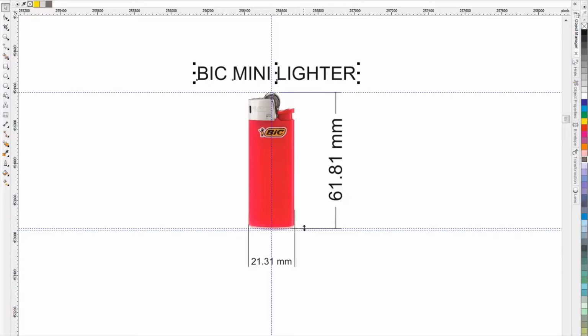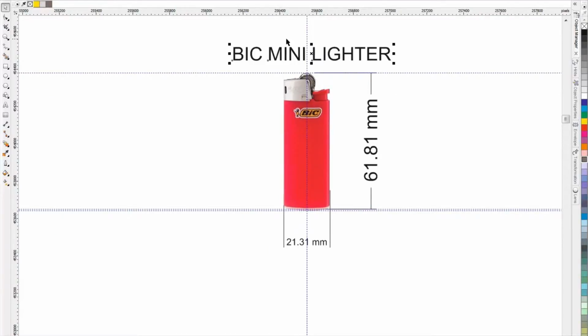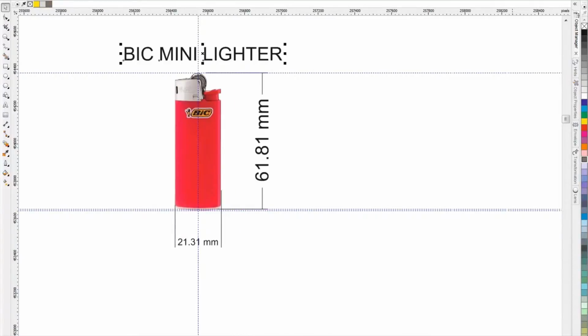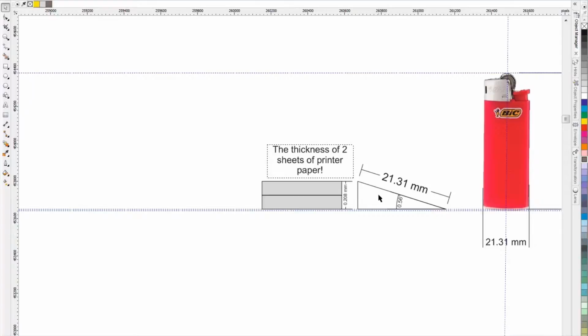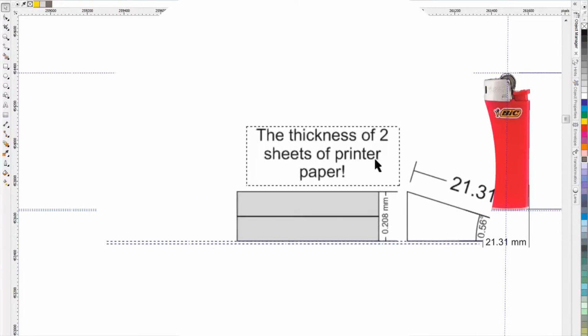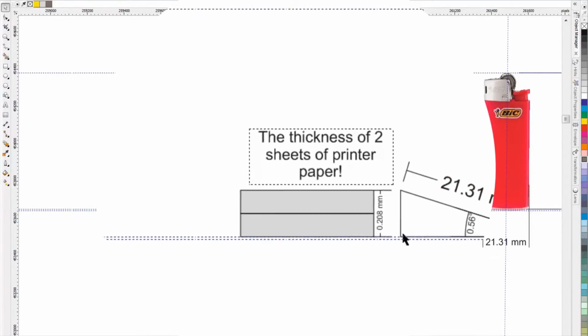It has a base of 21.3 millimeters and a height of 61.8 millimeters. If we were to incline this lighter at a 0.56 degree angle, how would we go about in doing that? It's easy. We need the thickness of 2 sheets of printer paper.